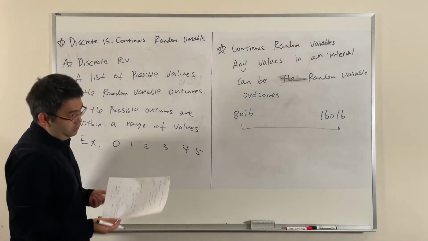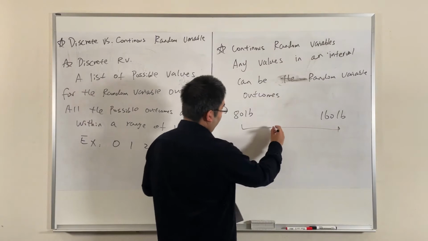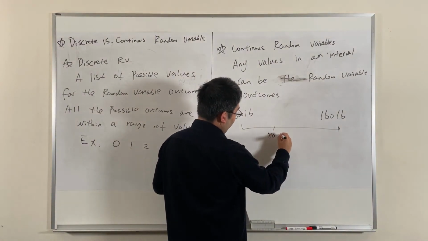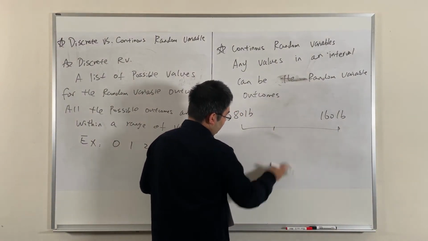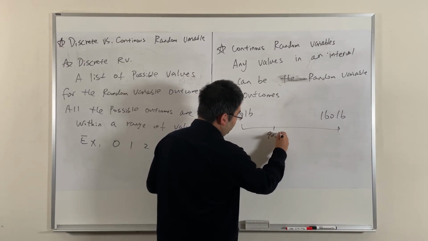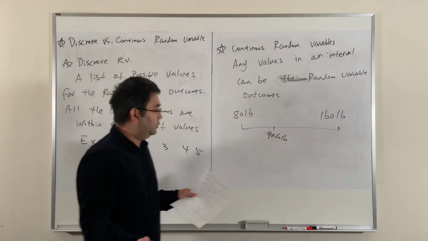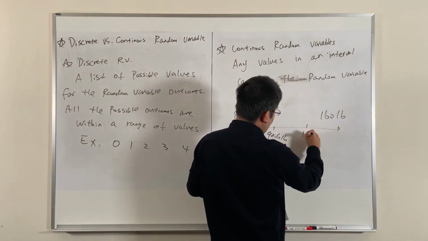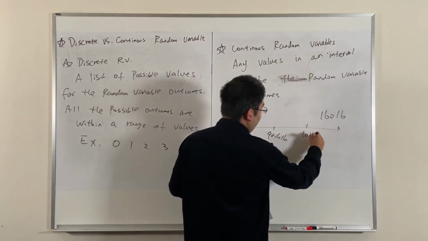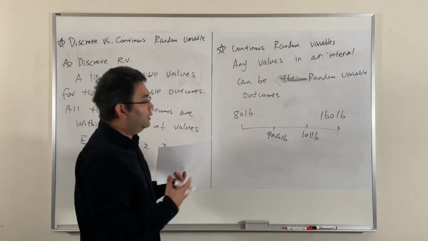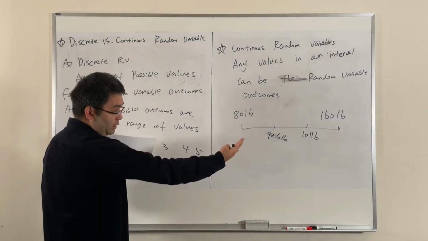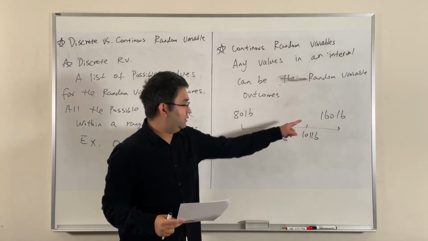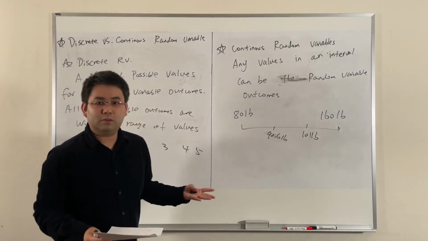Is it possible to have, say, 90.6 pounds? Yes, that's possible, right? And then is it possible to have 101 pounds? Yeah, that's possible. So any values in between 80 and 160 is possible, right?